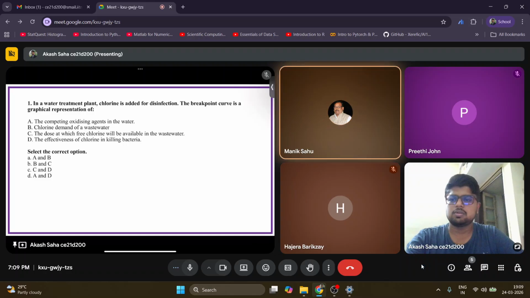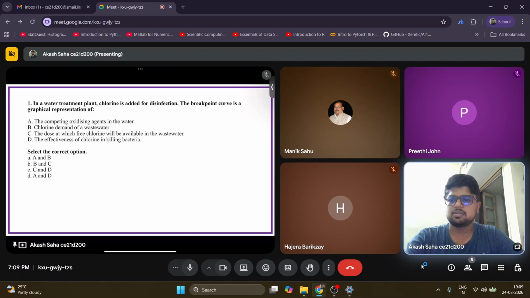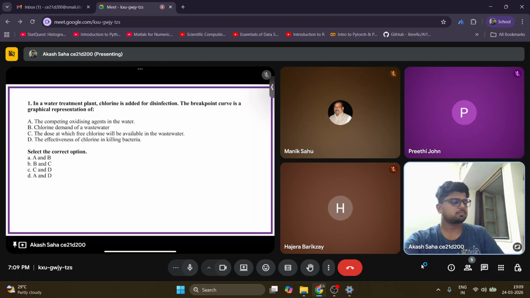B and C. So that means option B. Yes, that is the correct answer, because if we see chlorine demand, we would be able to know how much chlorine will be required for a particular type of wastewater or water sample, because in the initial phases, some reducing agents or natural organic matter will consume some chlorine.